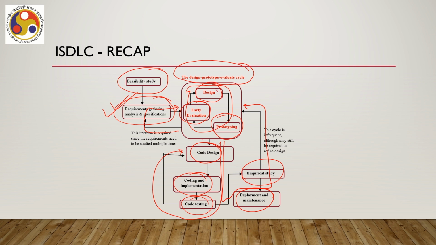One is the design mentioned in this part and the other one is code design. So, here we are going to talk about the design stage of the design, prototype, evaluate cycle, particularly related to interface and interaction design, interface plus interaction design. We are going to talk about that part in this lecture.